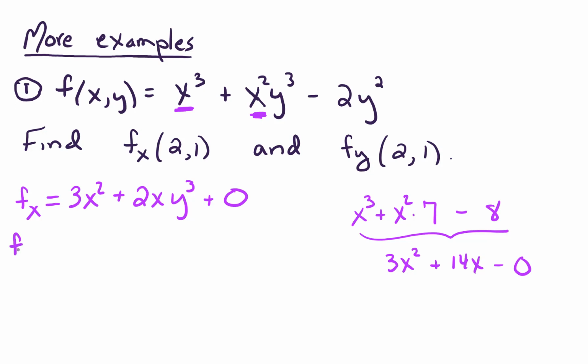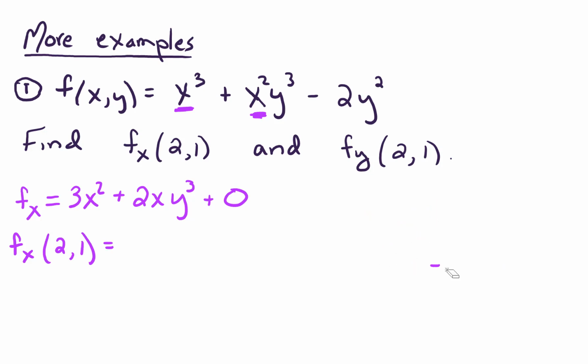Let's evaluate at x equals 2, y equals 1. When we do that, we get 3 times 2 squared, plus 2 times 2 times y cubed, where y is equal to 1. And when we work this out, we get a final answer of 16.